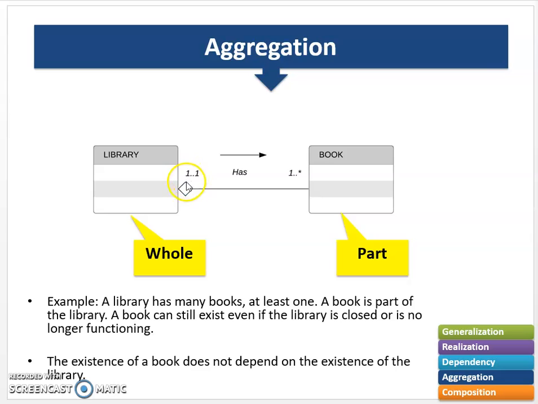A white diamond will always point towards the whole, which is the library, and in this case the lifespan of the book does not depend on the lifespan of the library, and this side as a whole will always be 1 to 1, and the multiplicity on the part will be based on the business rule.